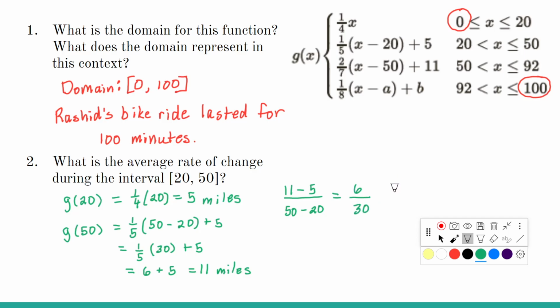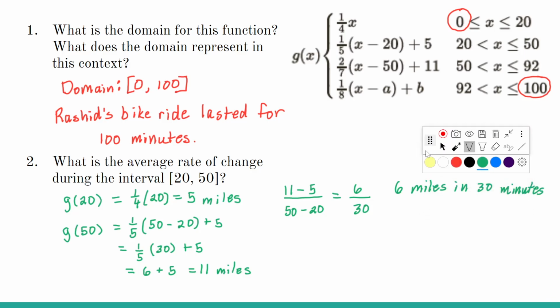So you could think of this as being 6 miles in 30 minutes. You could also simplify the 6 over 30 and get 1/5 and think of it as being 1/5 of a mile per minute.